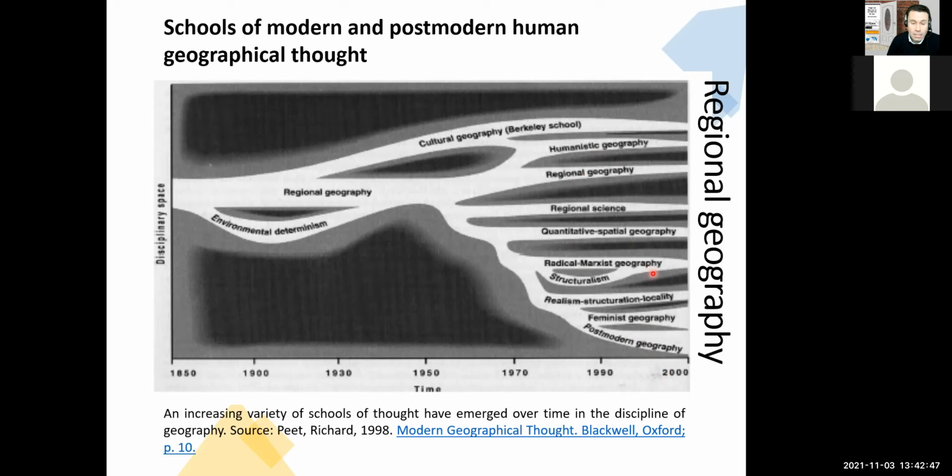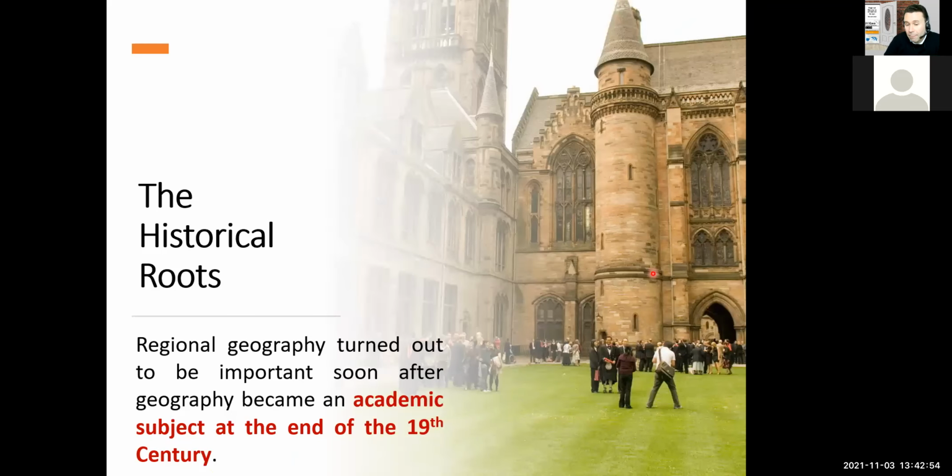It also involves understanding power relations, and that is the essence of the neo-regional geography that since the 19th century has evolved in different schools, in different geography departments in Europe and North America as well.